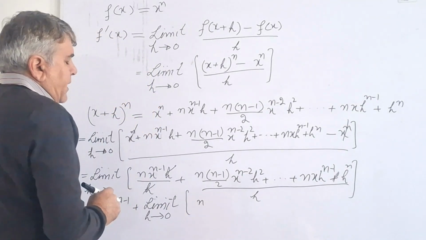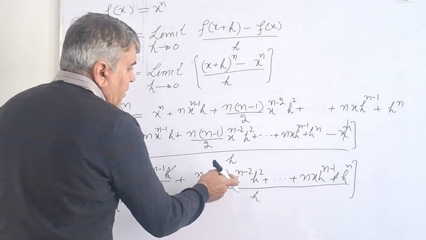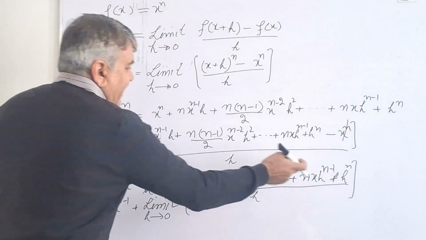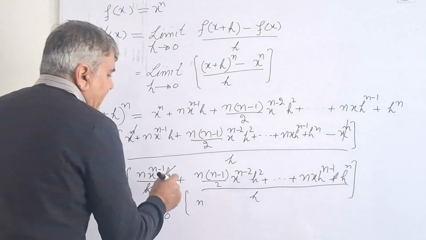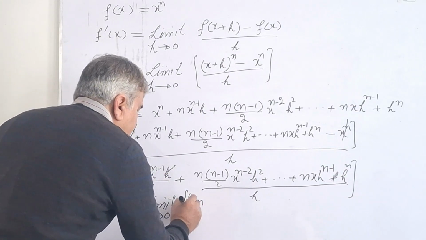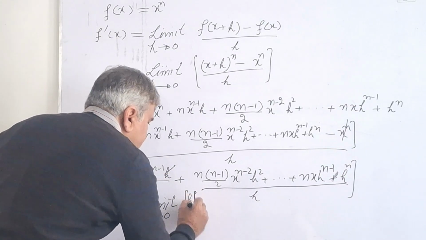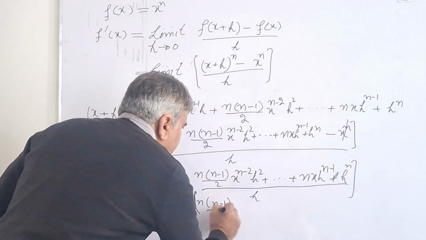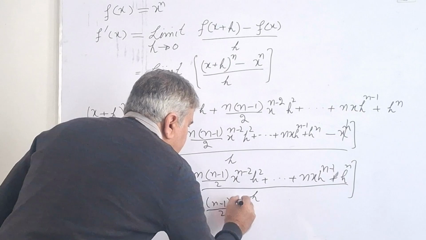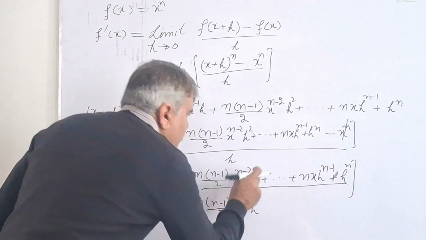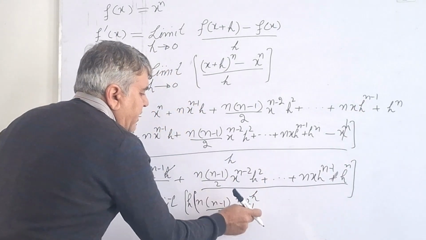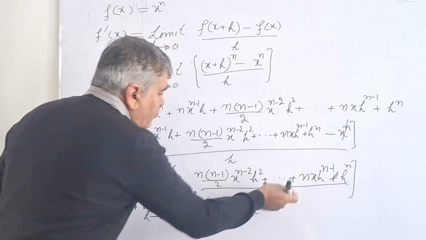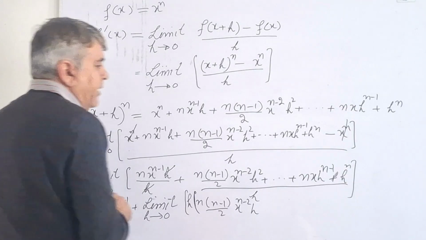And one thing more, since now every term inside this series has an h with it, I can take that h common from all of them and rewrite this as n into n minus 1 divided by 2 x power n minus 2, and that should become, instead of h squared, an h over here, and the next term, instead of h cubed, would have h squared, and so on.